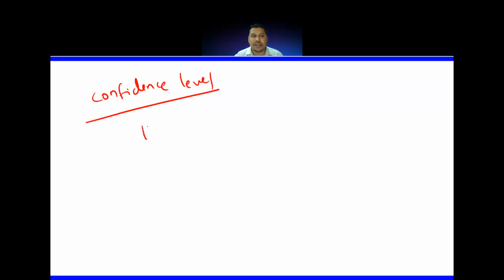or invalid. Somebody had made a comment on H naught that it is equal to 500 ml. And we are trying to test it using some testing technique, whether it is true or false, right?